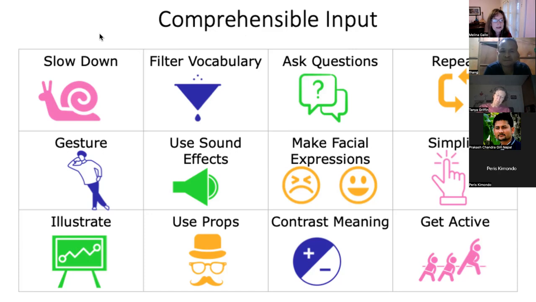A third thing we can do is ask questions of our students, and this helps them to interact and to indicate if they're understanding what we're saying. So after I've taught them a few times, a pen, I can say, what is this? And then they have to answer, it's a pen.